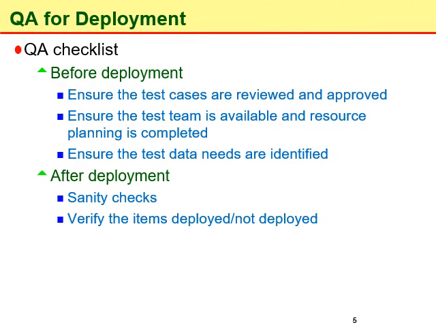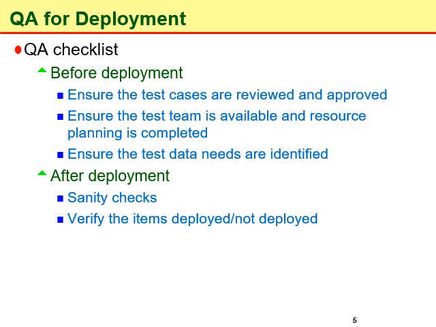Okay. Here we discuss the quality assurance activities that are important for the software deployment process. There are quality assurance activities that are performed prior to deployment as well as after the software is deployed. So first we discuss before deployment activities.